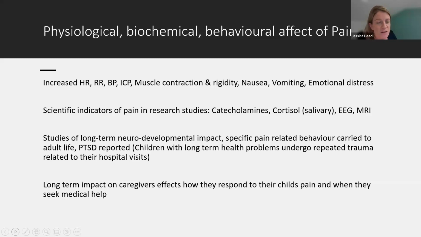There's also EEG and MRI findings. And then there have been quite a lot of literature published around the long-term effects, particularly neurodevelopmental impacts and specific pain-related behaviours that are carried from childhood through to adult life. And post-traumatic stress disorder is very well reported, particularly amongst children who have long-term health conditions and undergo repeated traumatic experience related to their hospital visits.